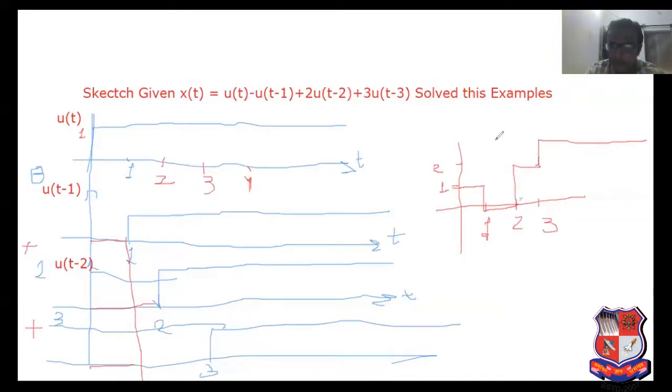Onwards 3, amplitude is 5. So it is considered as x of t, and it is known as the answer.